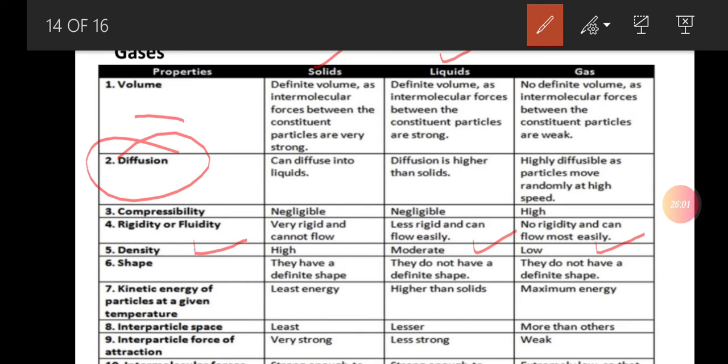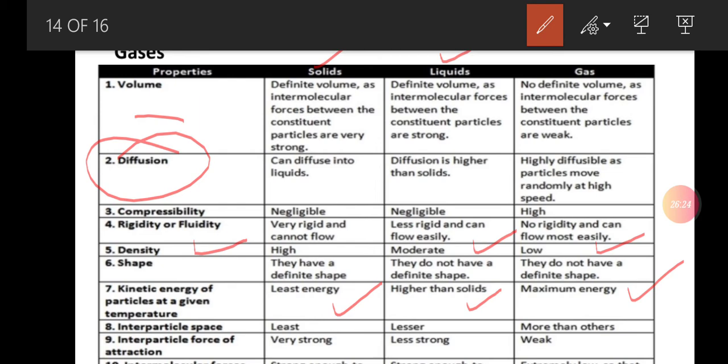Kinetic energy at a given temperature, the least energy is with solids. They vibrate at their fixed positions, whereas liquids have higher energy compared to solids. And gases have maximum energy because they are moving randomly. Interparticle spaces.